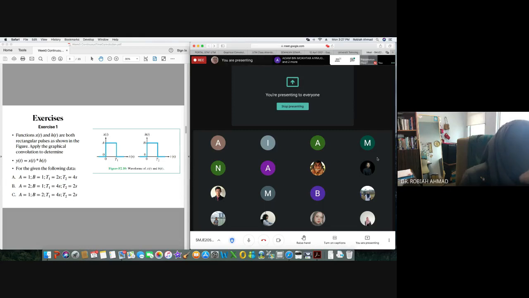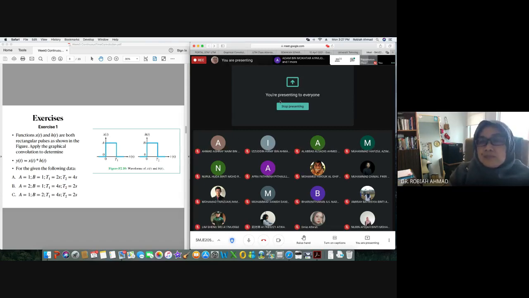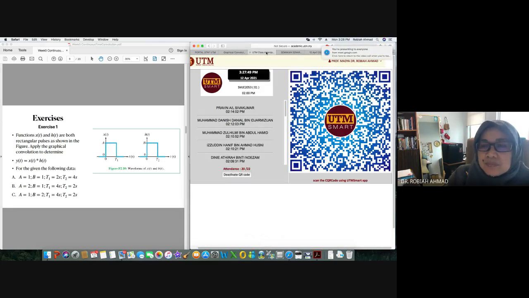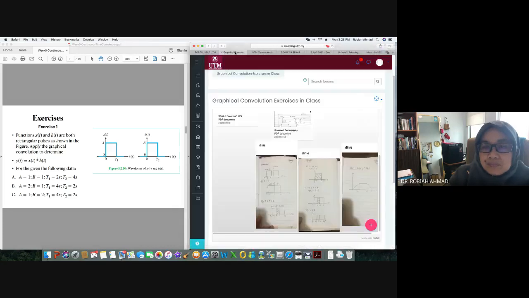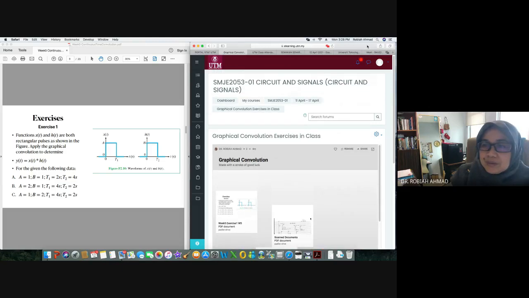Ya Allah, betul lah korang. Dua orang je baru masuk. Yang lain mana ni?